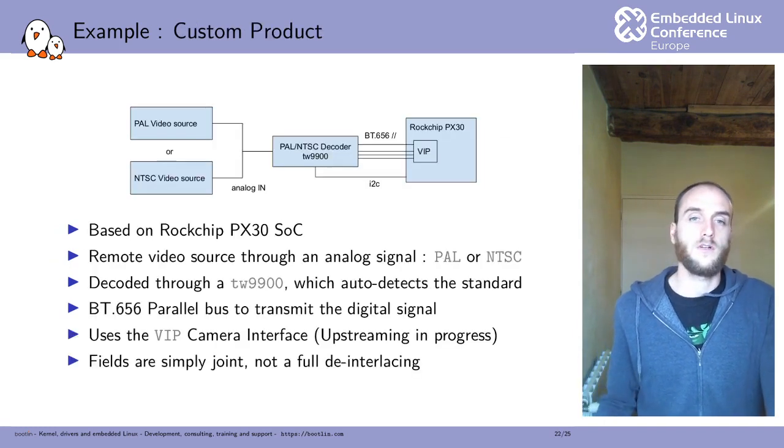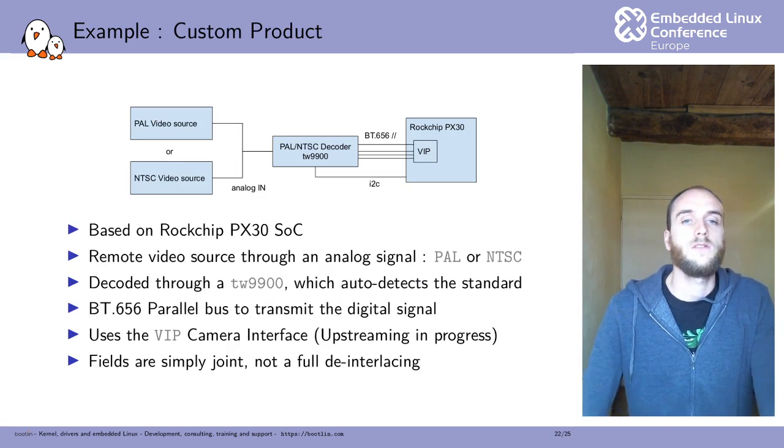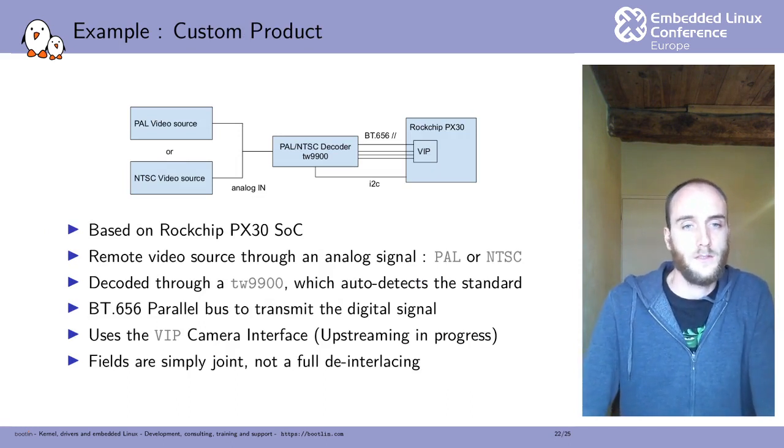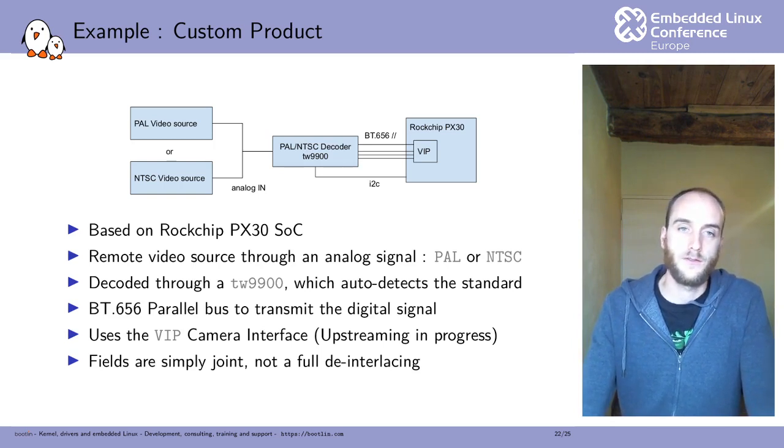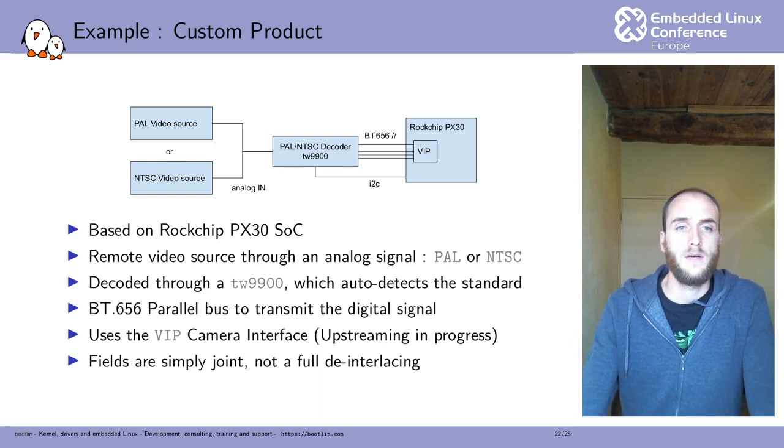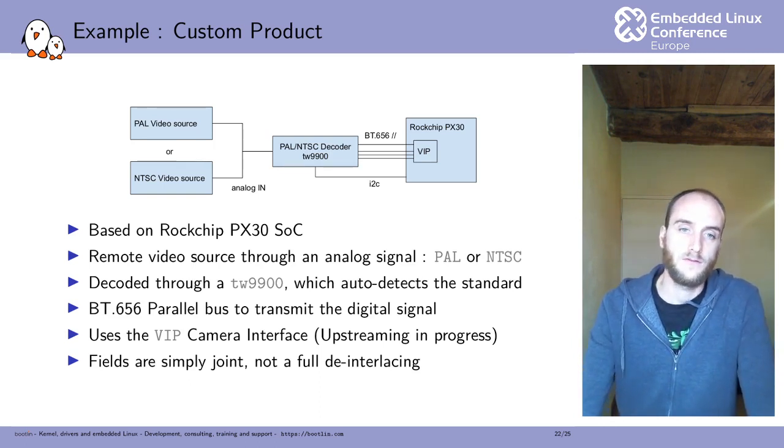Another example is the project that I've been working on. I can only give you a few details about that, but it's based on a Rockchip system on a chip. One of the particularities is that we had an analog video source that can be PAL or NTSC, and we don't really know which when we start streaming, so we have to perform some automatic detection inside the decoder.